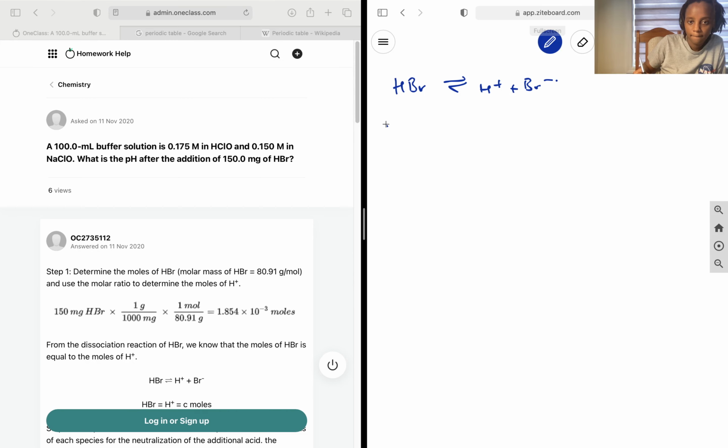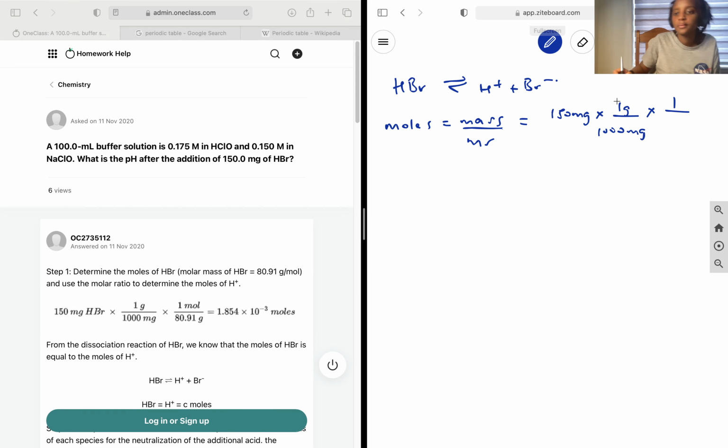And so it would be 150 milligrams times 1 gram per 1,000 milligrams times 1 over the molar mass.